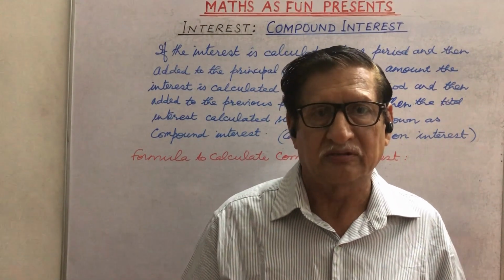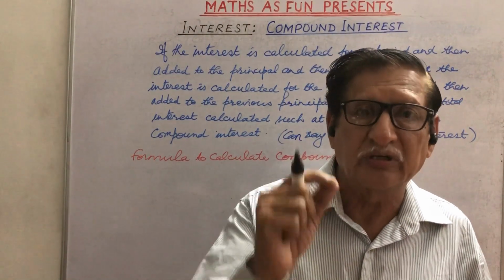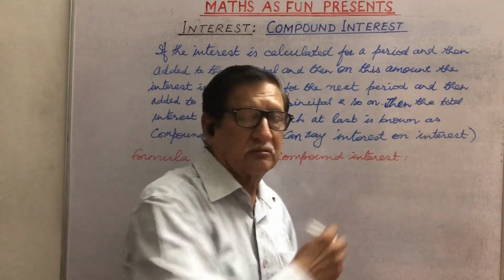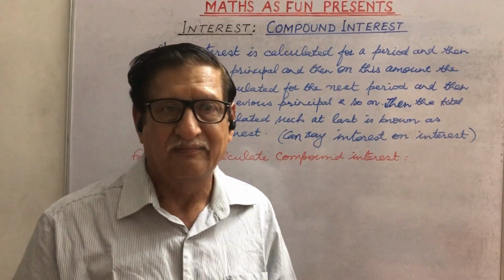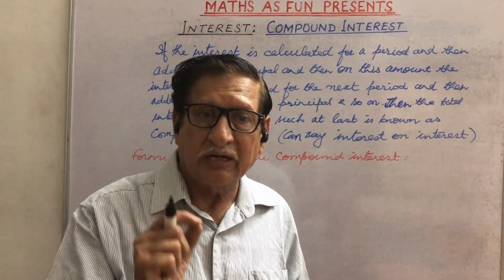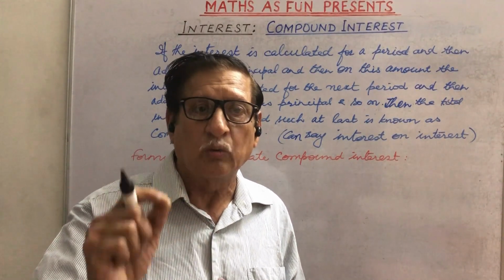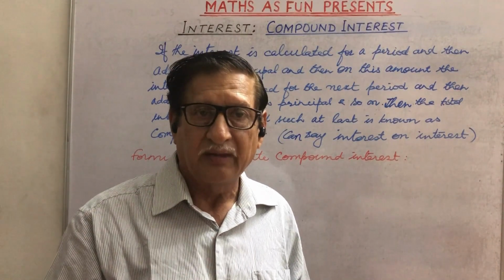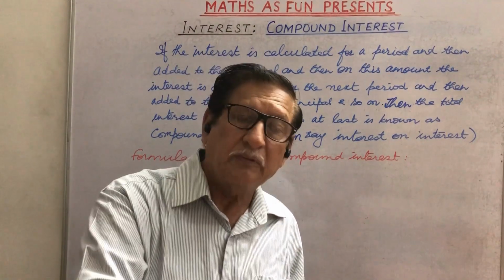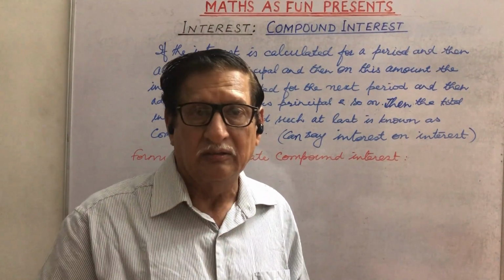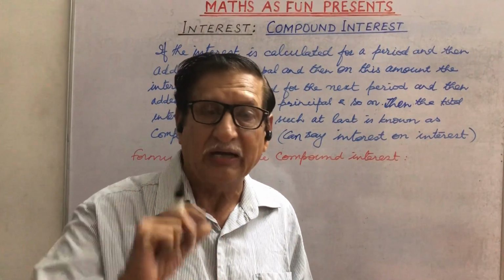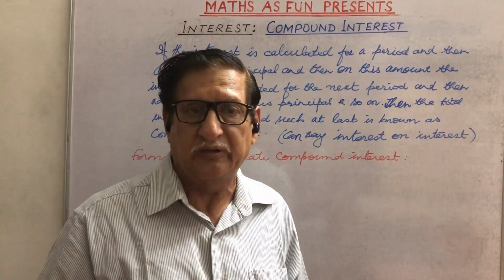What is compound interest? We say that compound interest is the interest calculated on interest, in simple language. Actually, an interest is calculated for the first period on the principal at the given rate. Then that interest is added to the principal, and whatever amount comes, that becomes the principal for the next period.